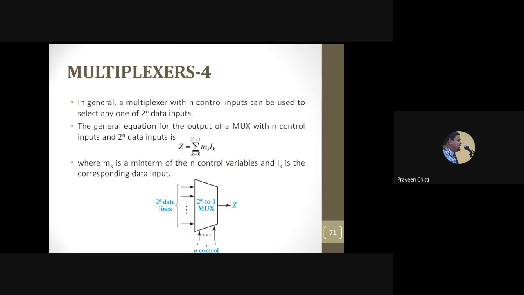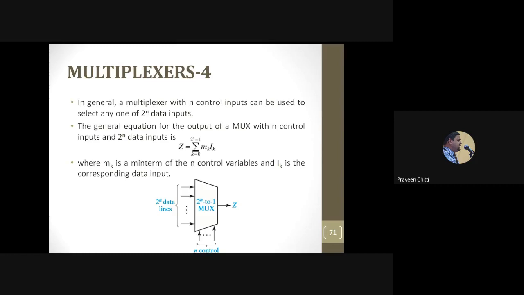Then, in general, how do you represent the output of a mux in equation form is shown here. Suppose a multiplexer with n control inputs can have 2 to the power n data inputs, obviously.